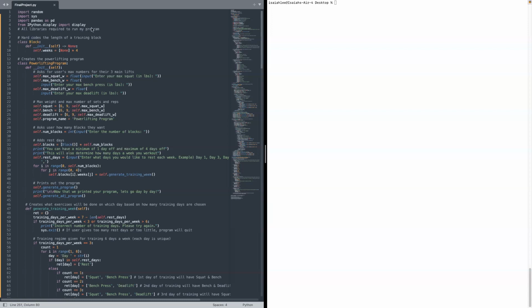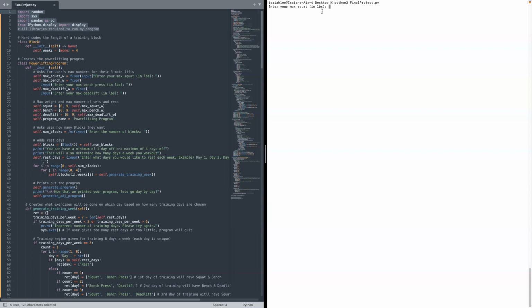So first part of my code is all the different libraries that you will need to download, random, pandas, etc. So let me just begin by running my program. The first thing it'll ask is my max numbers for my max squat.